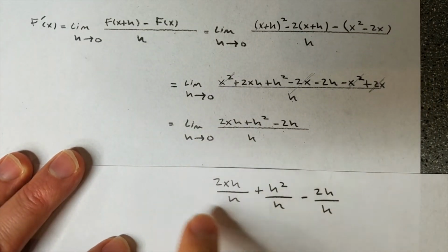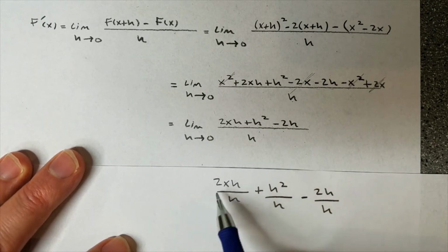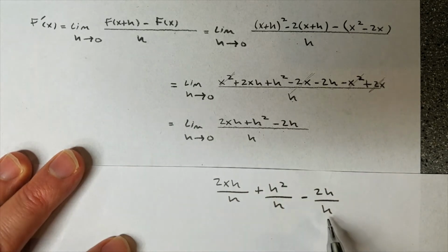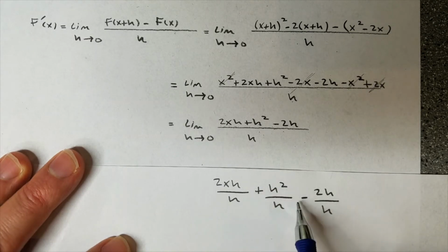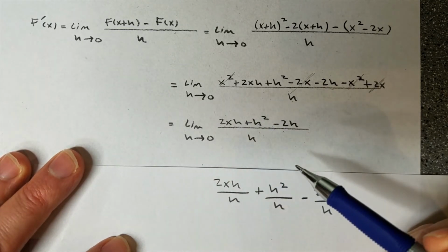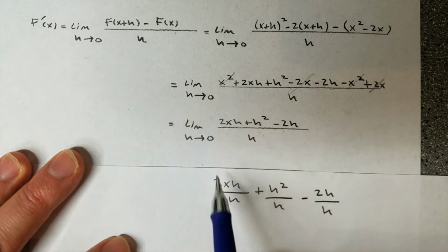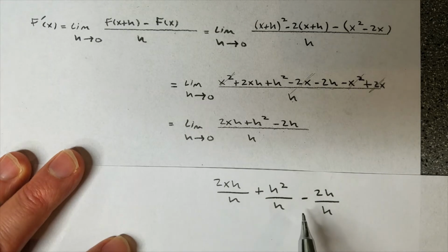So why can you do that? Well, because I can combine these three fractions. They have a common denominator of h. I can add and subtract them together, and if I do, I'll end up back up there. So I could take it the other way. Just don't start crossing stuff out, right? You look at it like this. This splits apart into those three things.